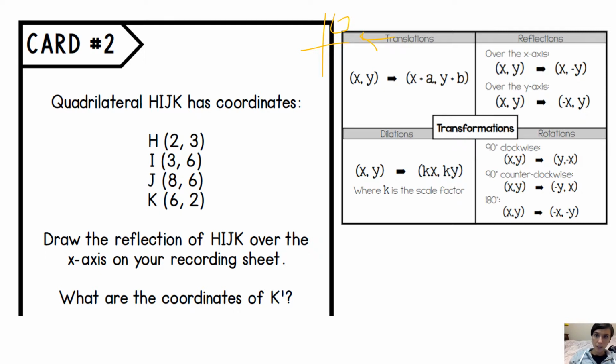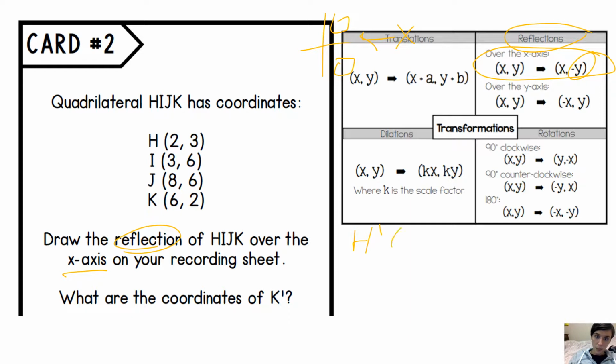If you're going to flip it over the x-axis, it would be down here. So remember, or maybe not remember, but just even look over here. Reflection over the x, aka this. This says all we have to do is change the y.